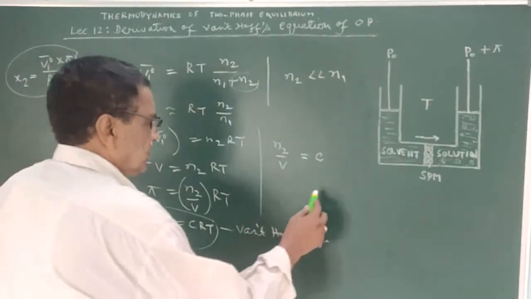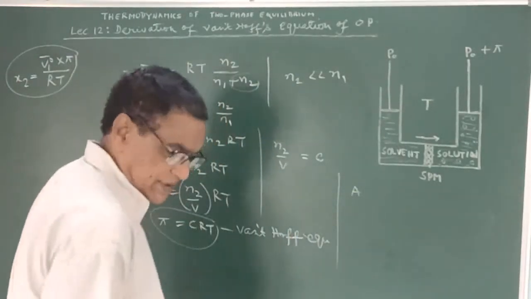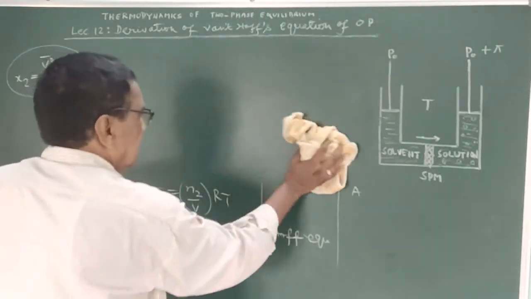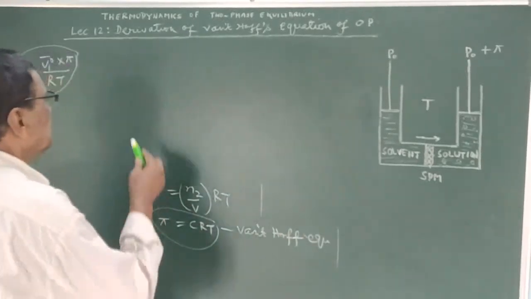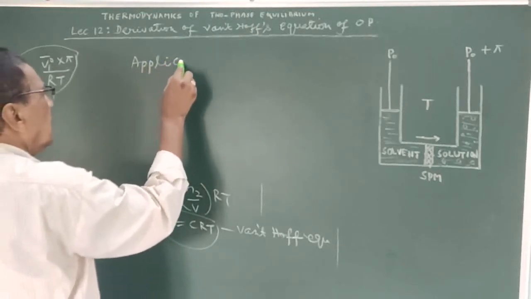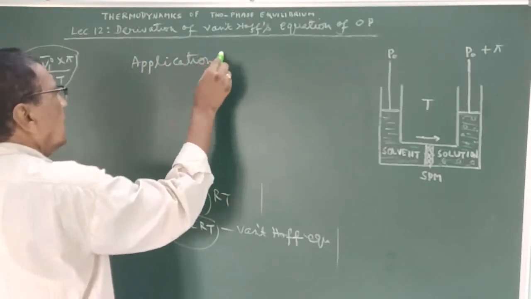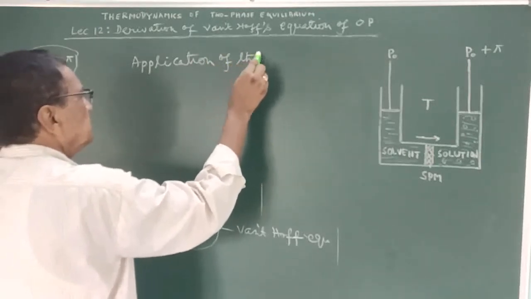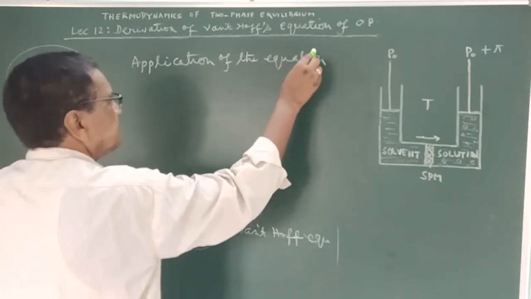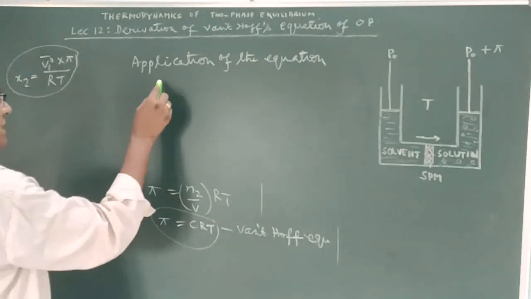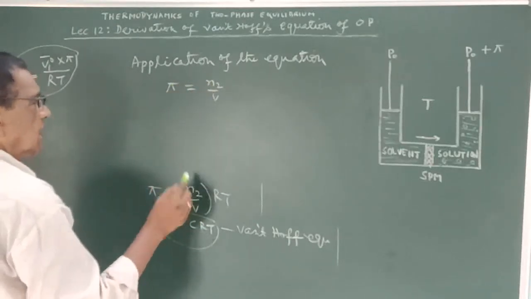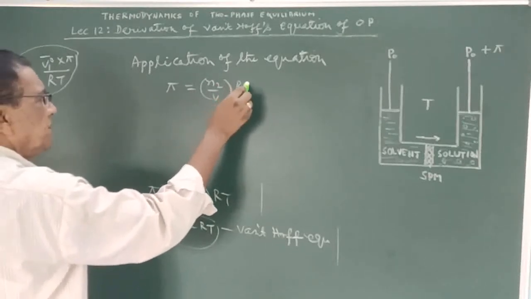If we consider one application of the van't Hoff equation, we have the relation pi equals N2 by V into RT.